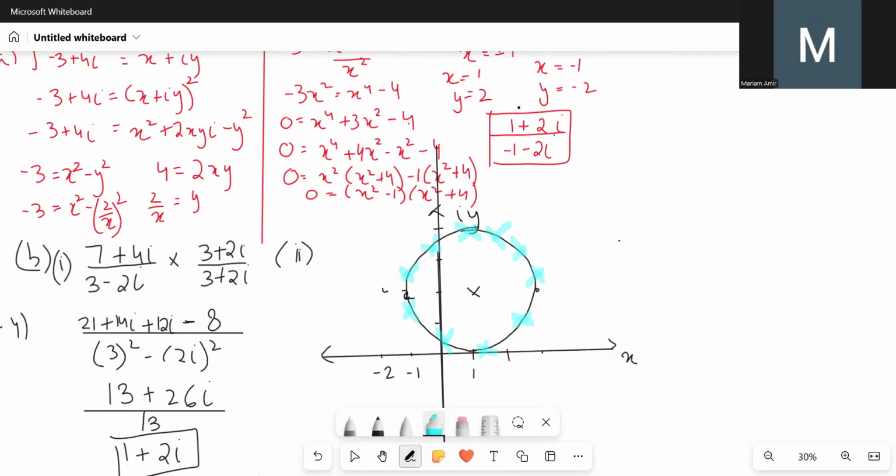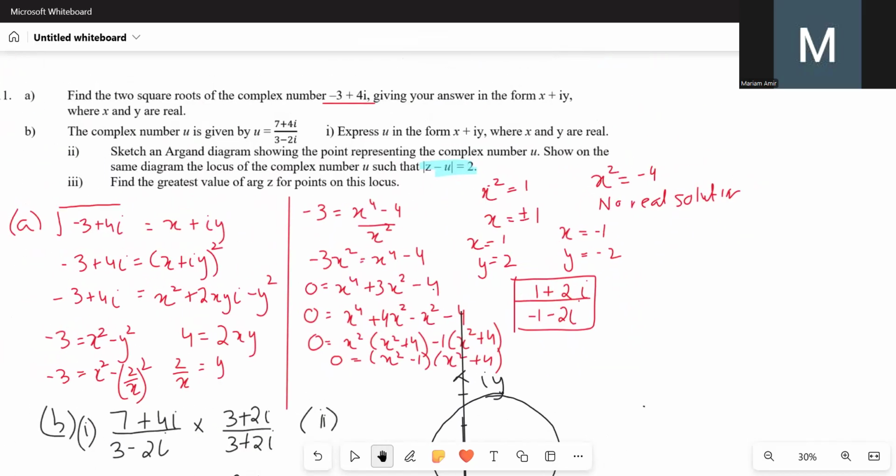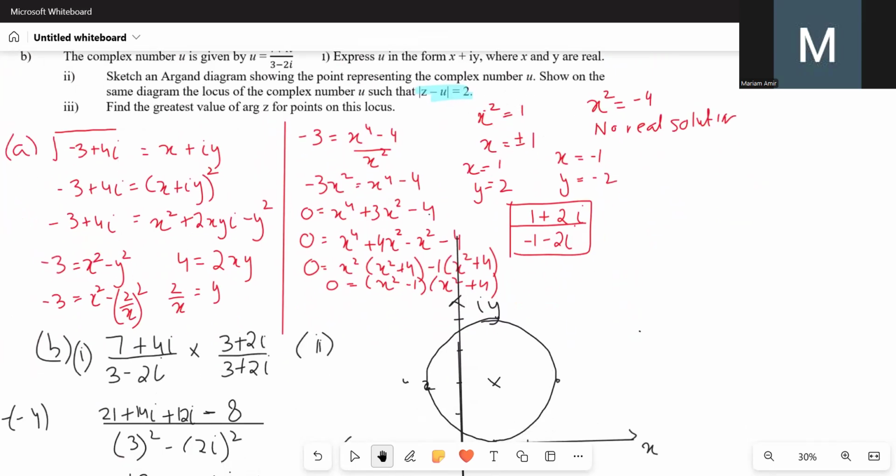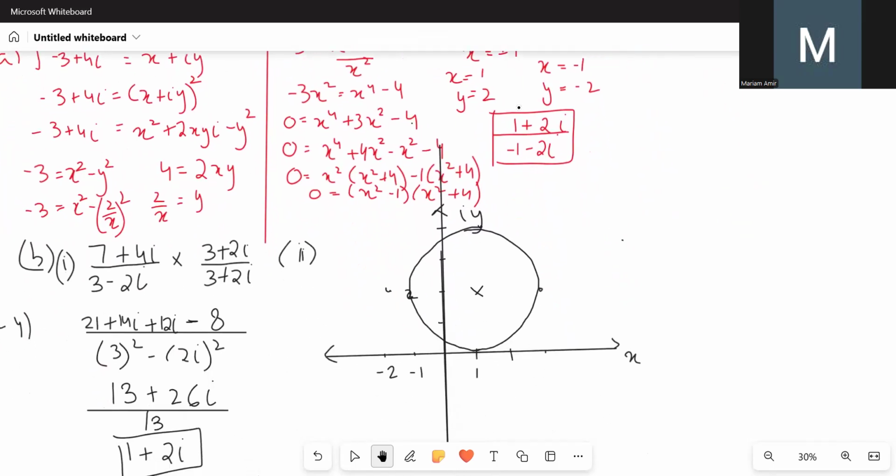But now, in the last part, they're asking us to choose that point that gives us the greatest argument. So out of all the possible points on this Argand diagram, on this circle, which point will have a greatest modulus?